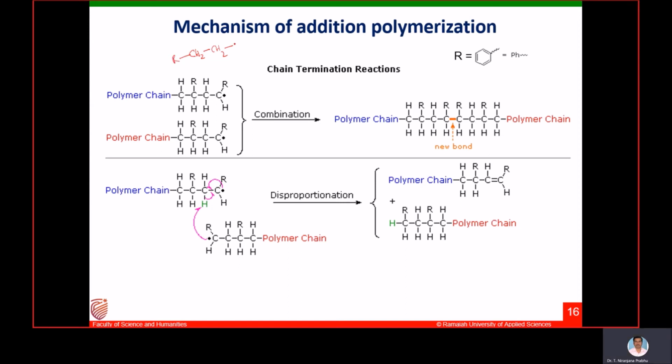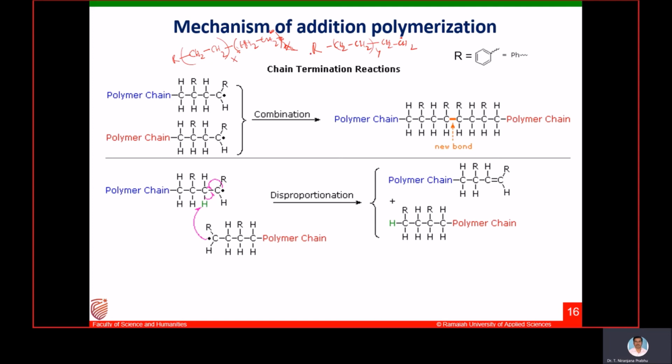I'll put it as R, CH2, CH2, let us say X times, and the last one here has the radical. Another chain: R, CH2, CH2, Y times, CH2, CH2 dot, free radical. Two different chains are there.